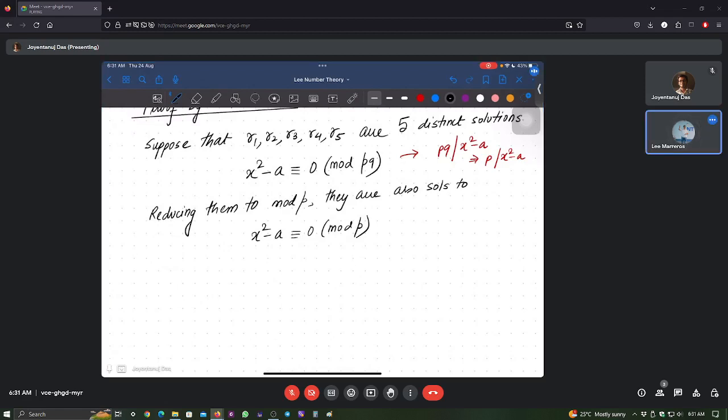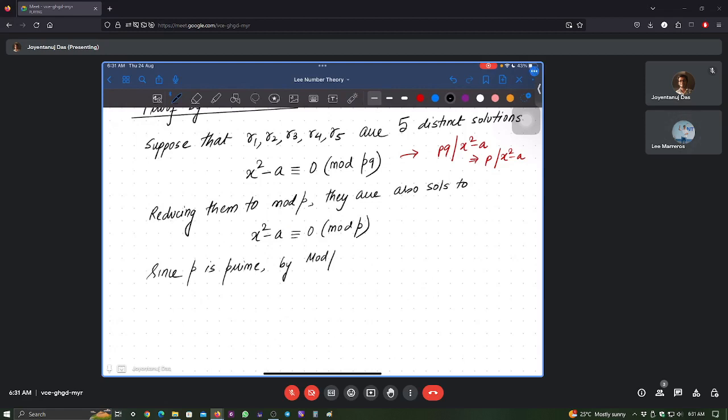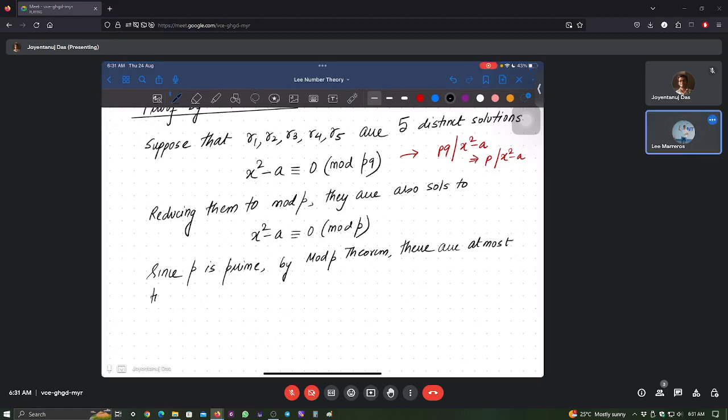Since p is a prime, by that mod p theorem, there are at most two solutions, because of the degree 2.